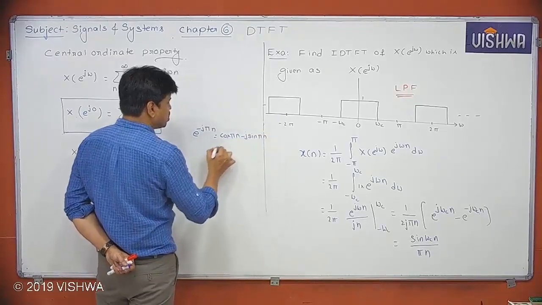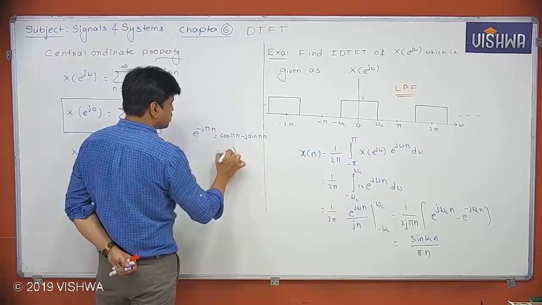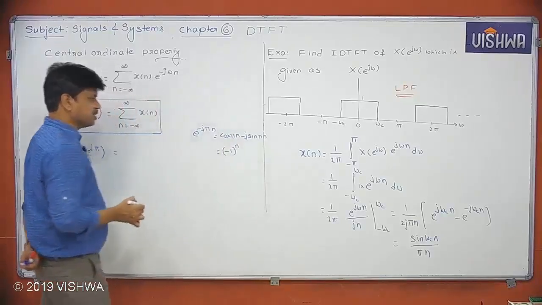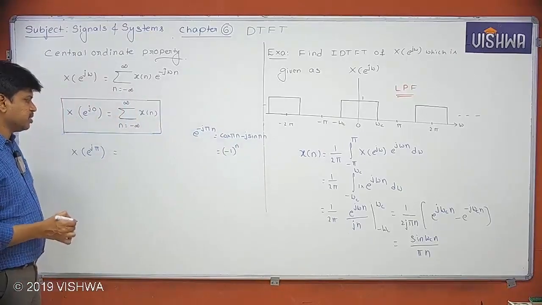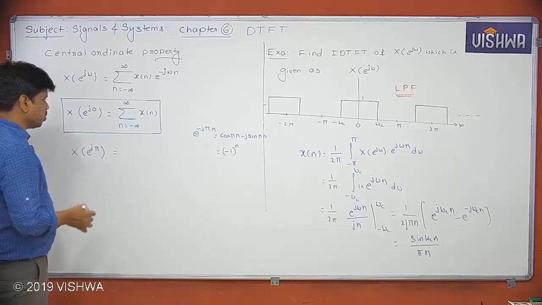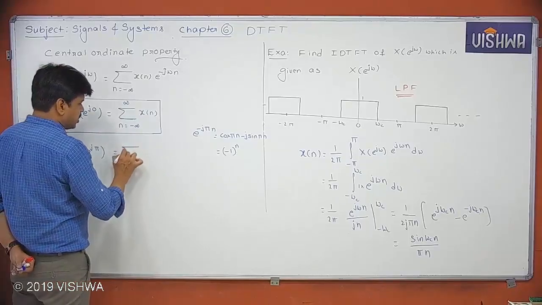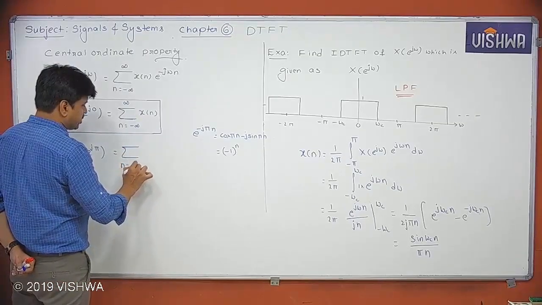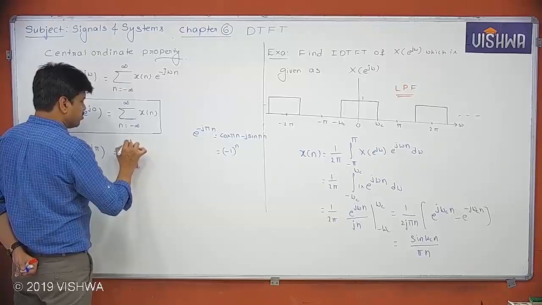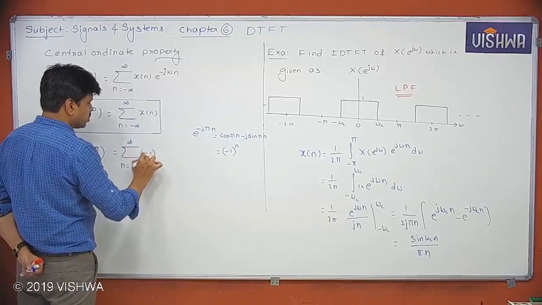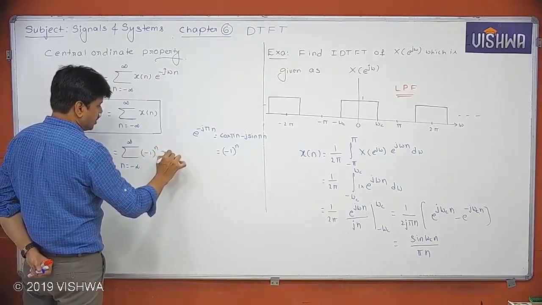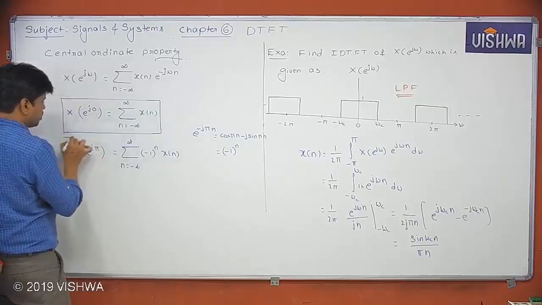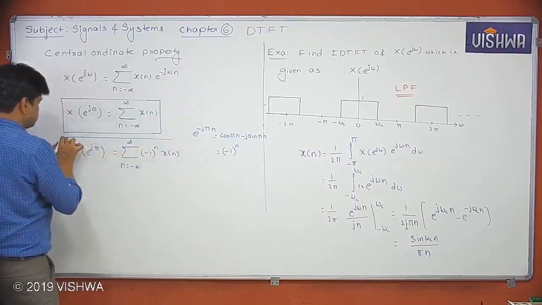The sine value becomes 0, and cos pi n is nothing but minus 1 whole power n, as we have seen. So this is equal to the summation from n equals minus infinity to infinity of x of n times minus 1 whole power n. This is also one important thing at pi.